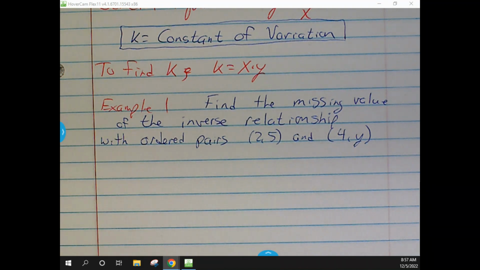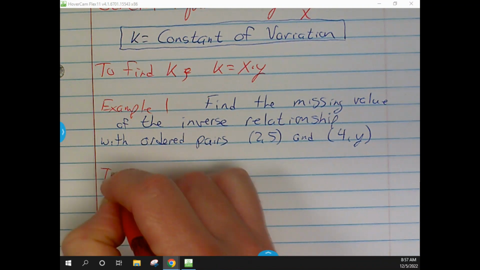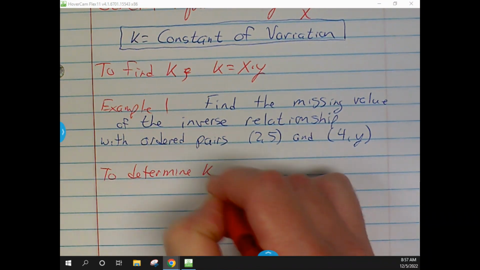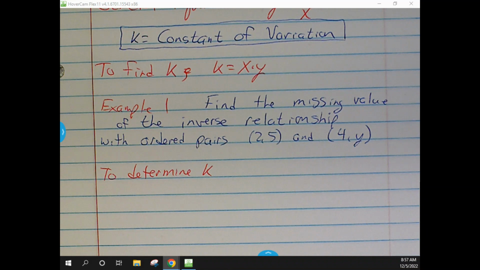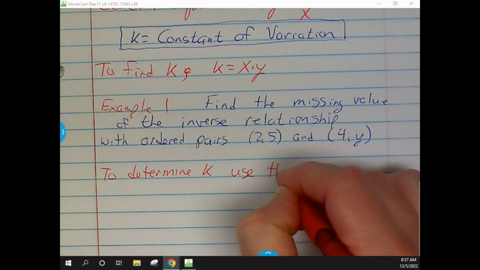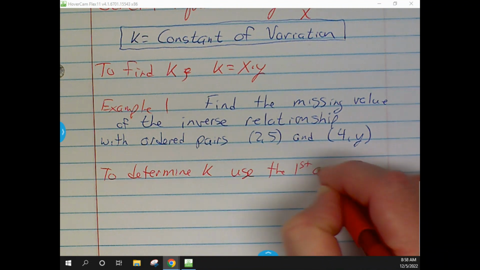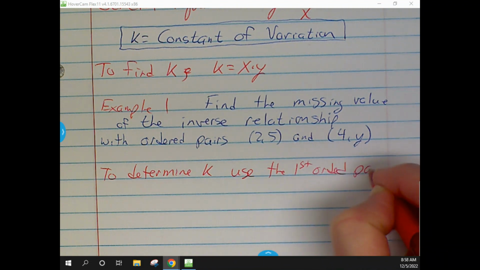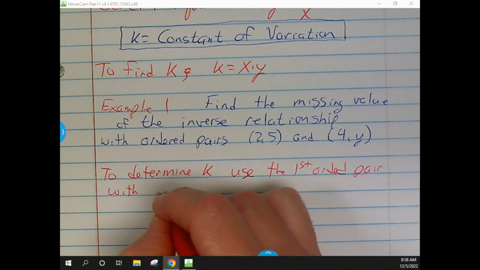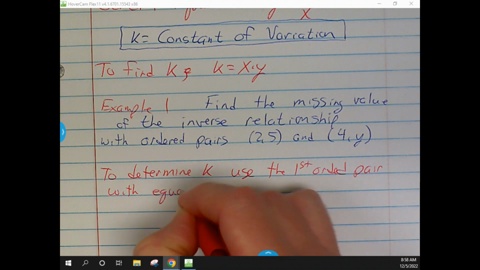And the very first thing that you're going to do is you're going to use this first ordered pair that you have. We're going to use that first ordered pair to do that. So to determine k, use the first ordered pair with the equation.